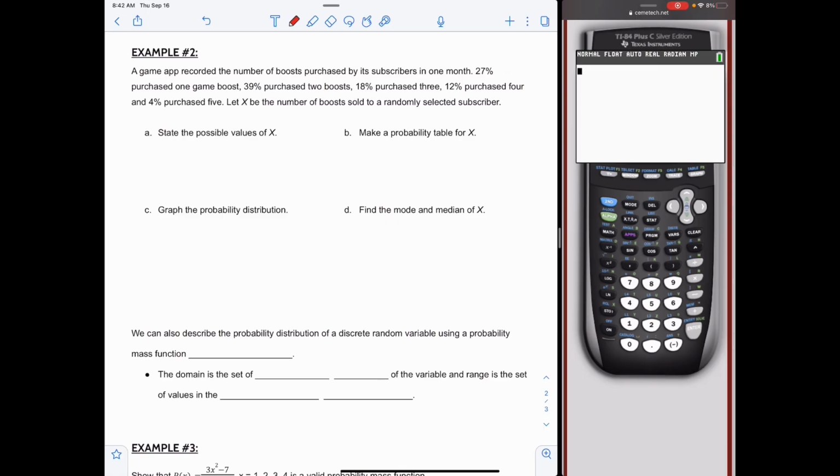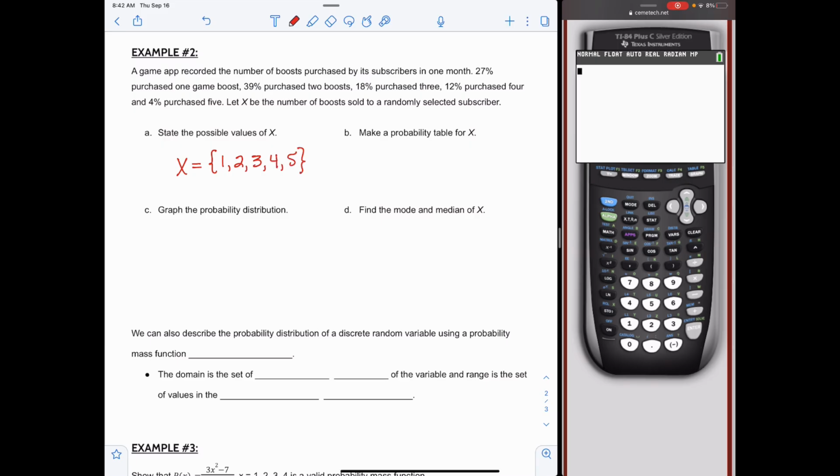So part A tells us to state the possible values of X. If X represents the number of boosts sold to a randomly selected subscriber, we can either have 1, 2, 3, 4, or 5 boosts. So those are my possible values of X. So X can be the numbers 1 through 5.